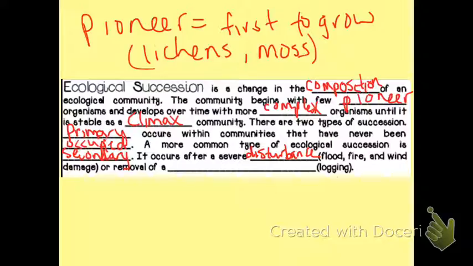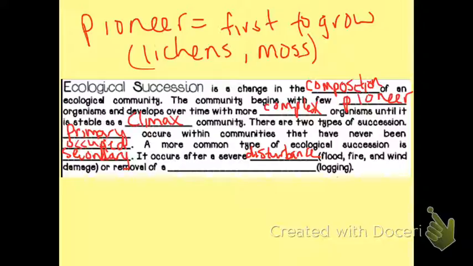Like think natural disaster destroys an area, and so it's not completely destroyed. It's not going to be primary succession because this has already been established before, so there's still going to be some of the original community there, but we're basically having to regrow from what we had, but we're not necessarily starting from scratch like we would be if this was primary succession.